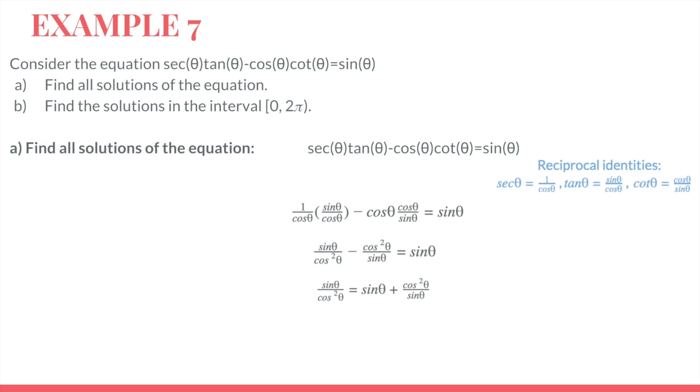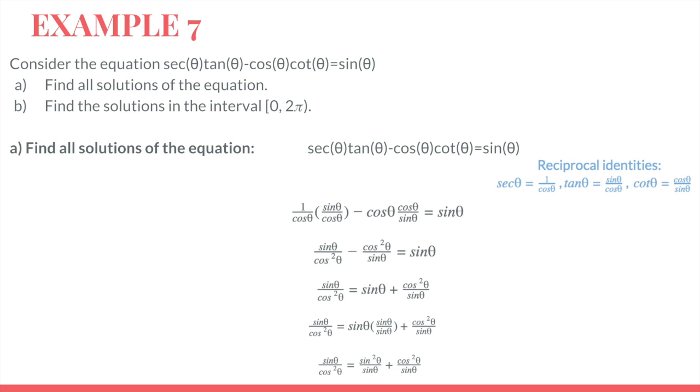To combine the terms on the right side of the equal sign, we can multiply the sine theta term by sine theta over sine theta, which is just multiplying by 1, and combine the two fractions. Thus, we end up with sine theta over cos squared theta equals sine squared theta plus cos squared theta over sine theta.